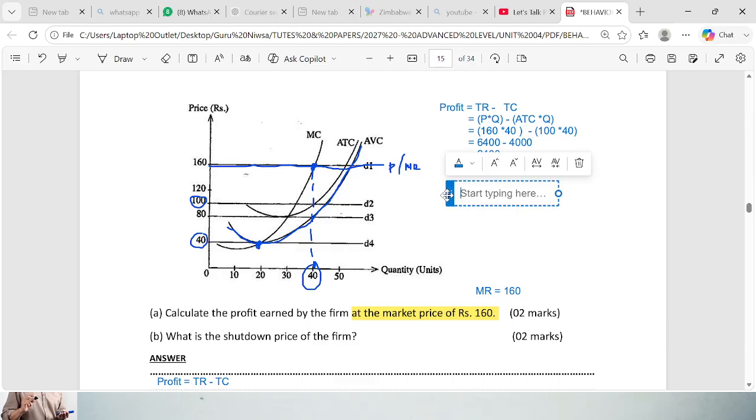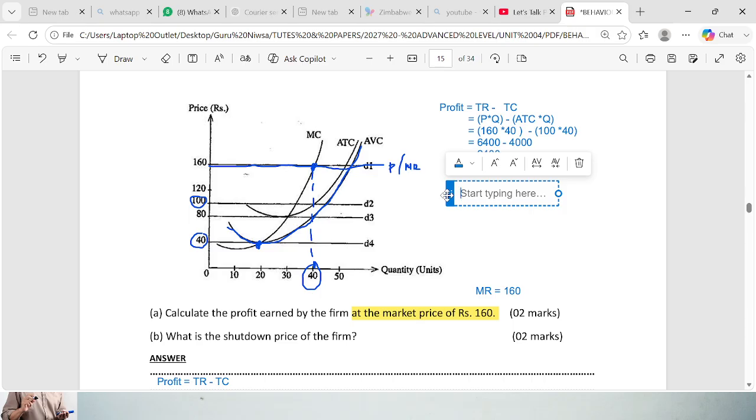Write down the shutting down price. The correct answer should be below 40. If it is exactly 40, the decision is up to the firm. The firm can decide whether to continue or shut down. If it is less than 40, there is no argument. Absolutely, it should shut down its operation.